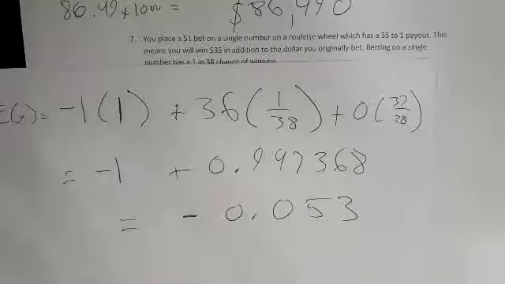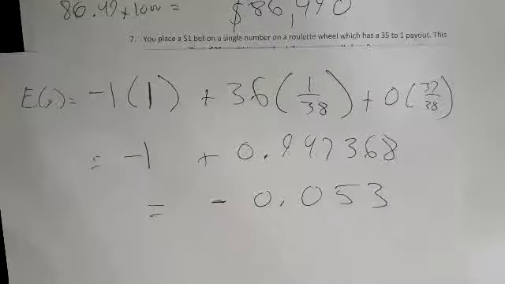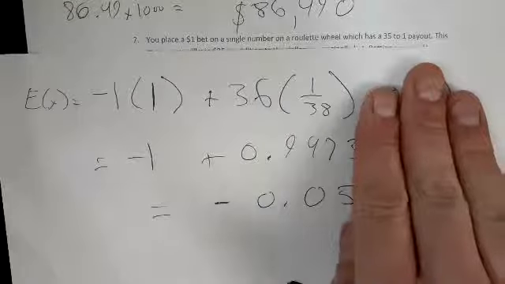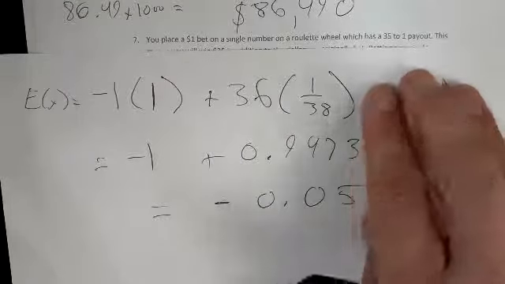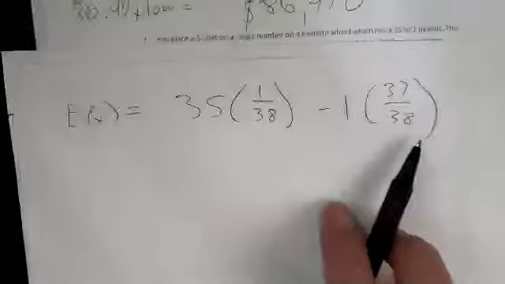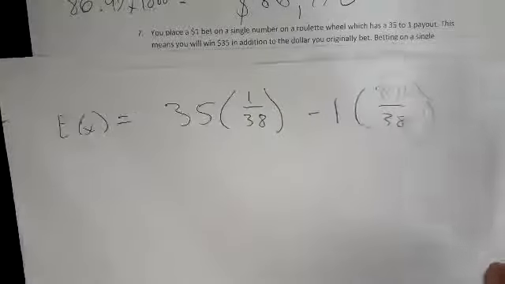The moral of the story: if you account for the dollar getting taken out, you have to account for getting your dollar back. And if we don't account for the dollar getting taken out, you have to account for losing it 37 out of the 38 times.